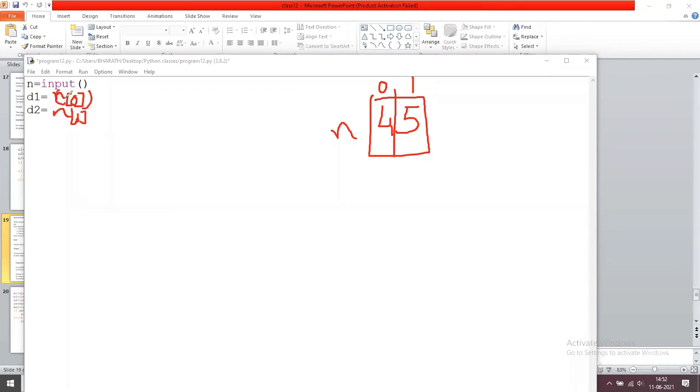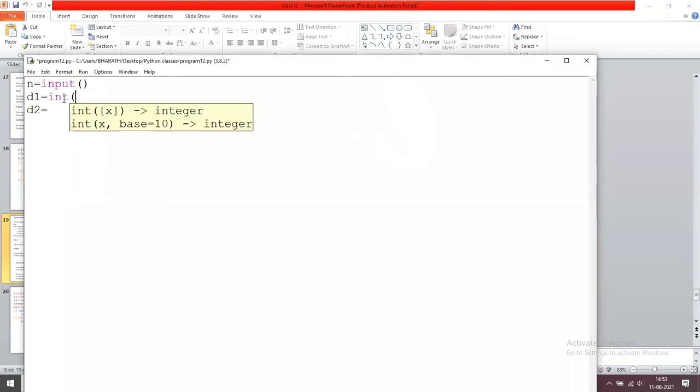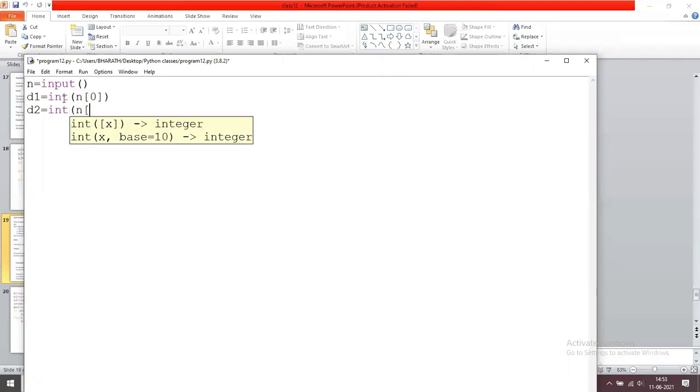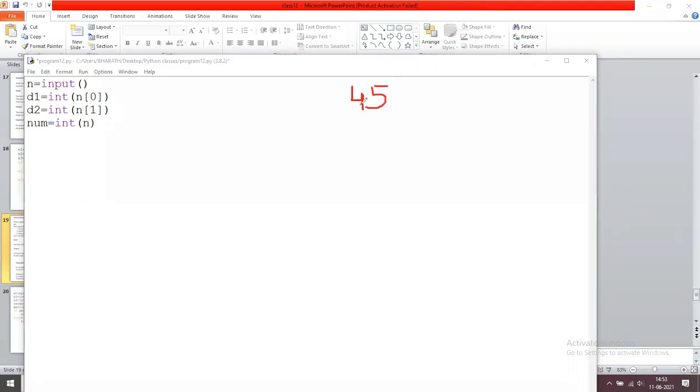So I convert these into integers. I write int of n of 0, and in d2, I store int of n of 1. That's it. So n equals input, and here I read this value into a number, num equals int of n. If I read 45, n equals 45, but it is in string format.